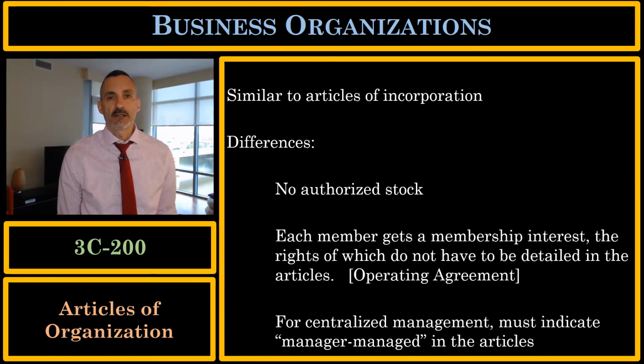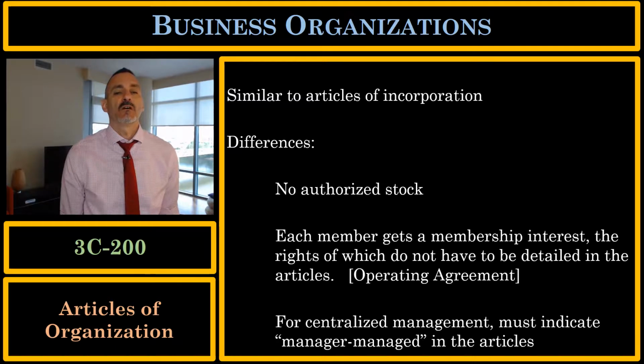We'll discuss the operating agreement in more detail subsequently, but for now, remember that it is a very important document for the formation of an LLC. The operating agreement does not get filed with the Secretary of State. You submit the articles of organization to the Secretary of State, and once the articles of organization have been filed, then you have an LLC.